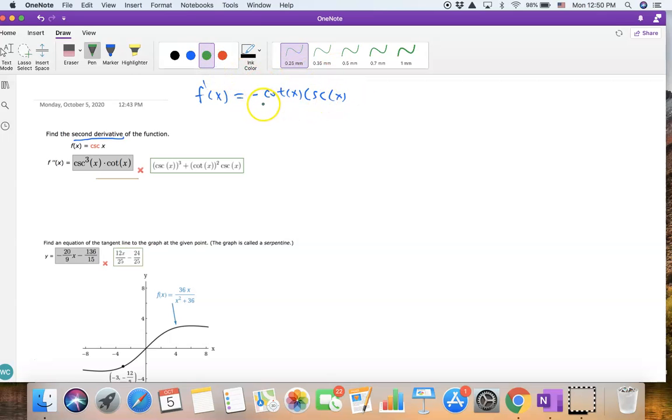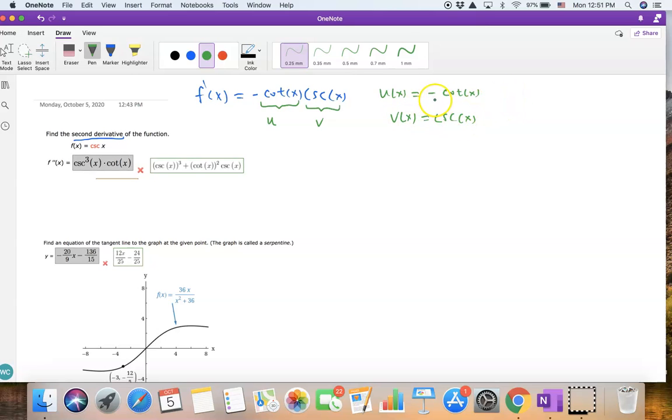This is a product of two functions. Let u(x) be negative cotangent x, and v(x) be cosecant x.